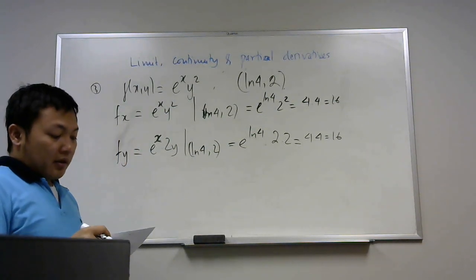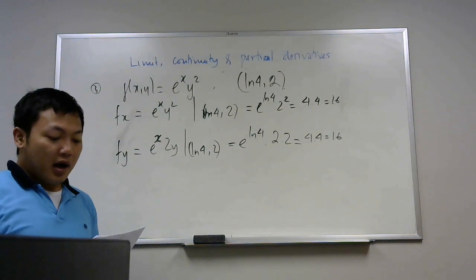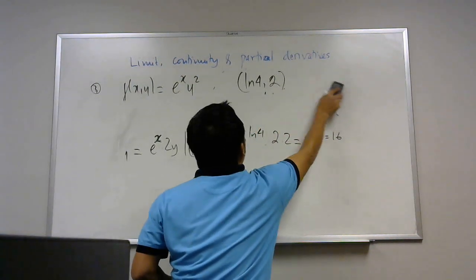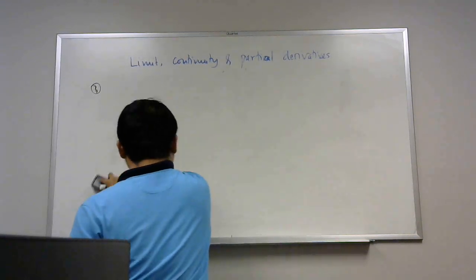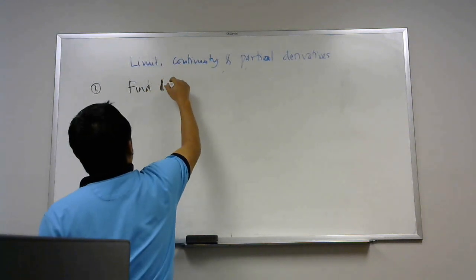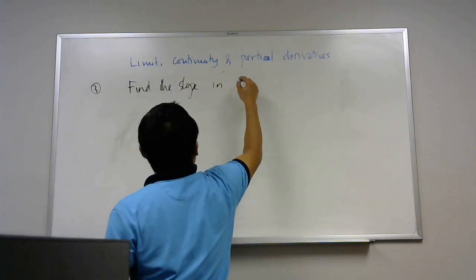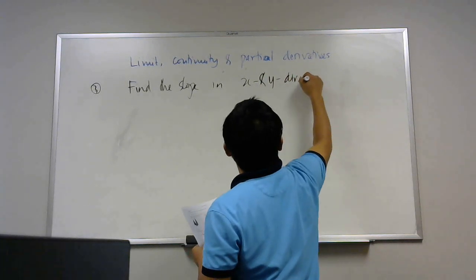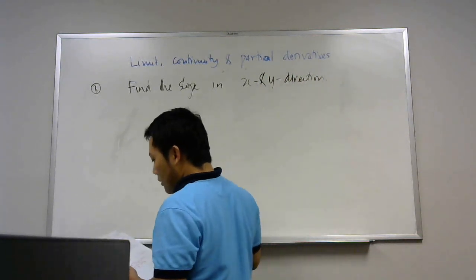Next question, find the slope of the surface in the x and y directions at some given point. Find the slope in the x and y direction.